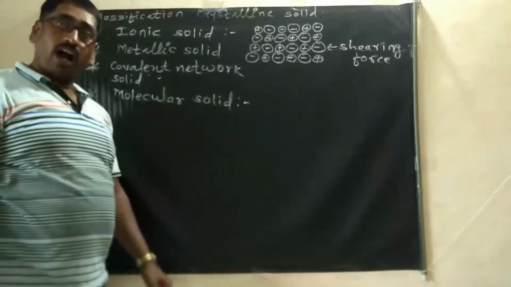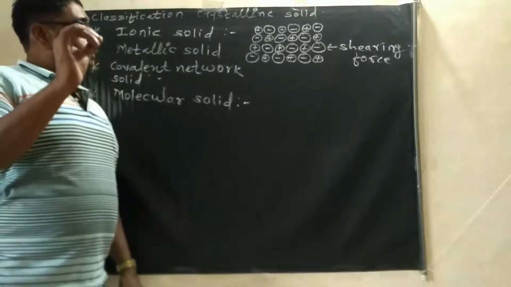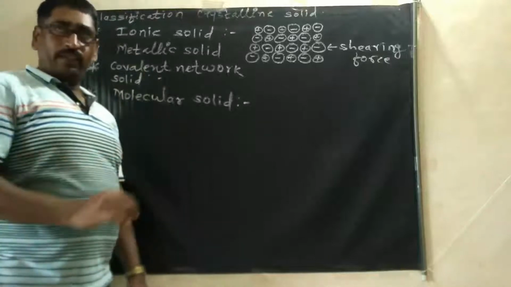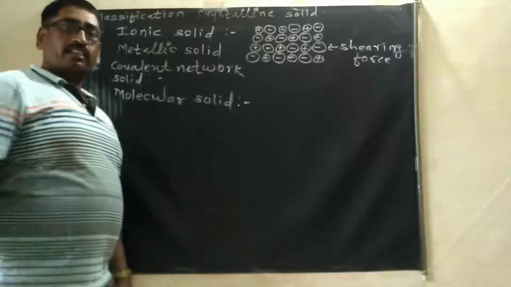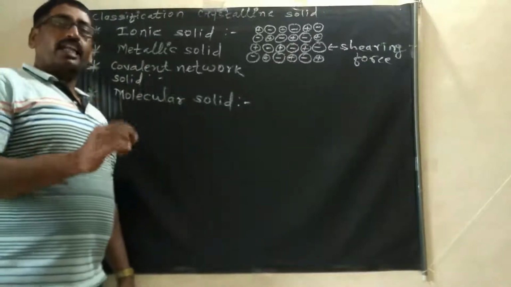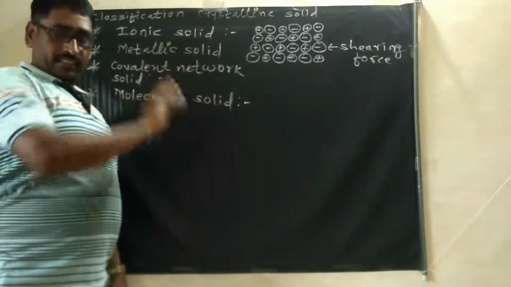Ionic solids are hard and brittle. They have high melting points. But see carefully, one important property is that in the solid state they do not conduct electricity, but in the aqueous state they conduct electricity.